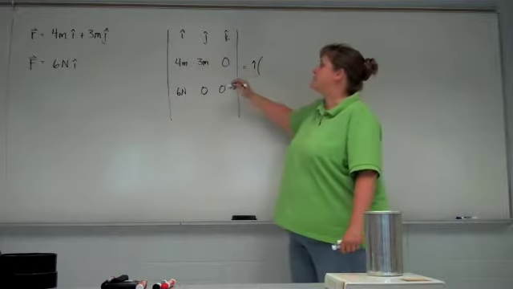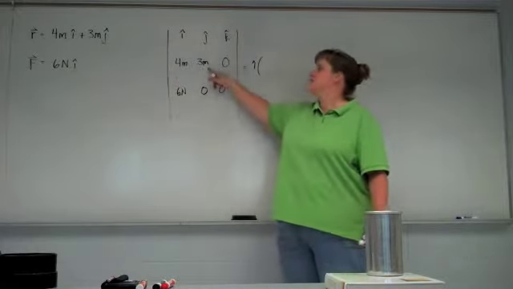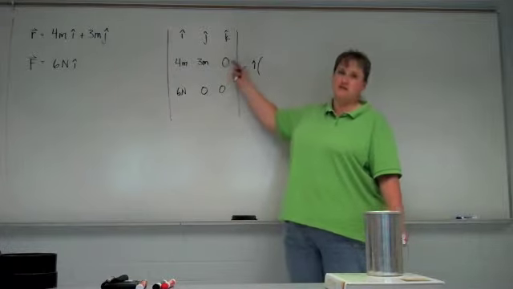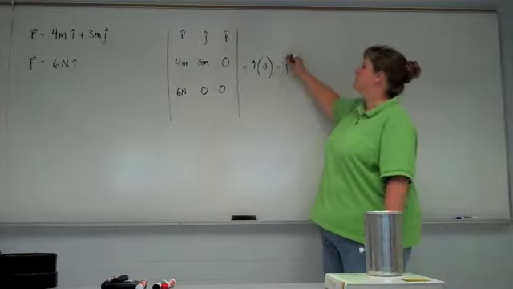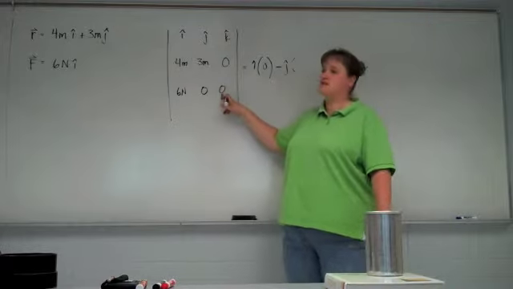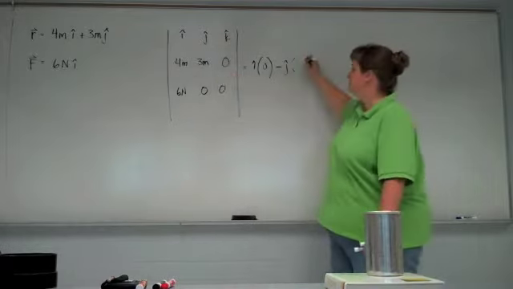So I hat, when you cross out the row and column that have the I hat components in, starting top left, 3 times 0 is 0, minus 0 times 0 is 0. So we get 0 for I. J, cross out the row and column, 4 times 0 is 0, minus 6 times 0, which is 0.